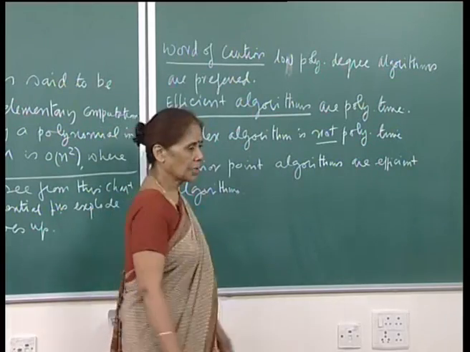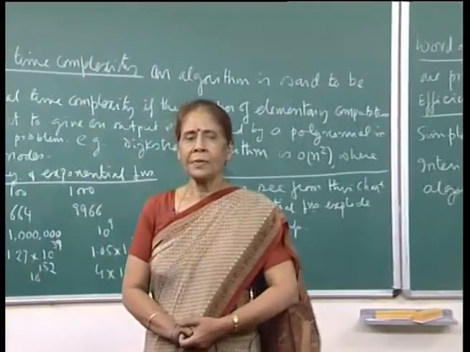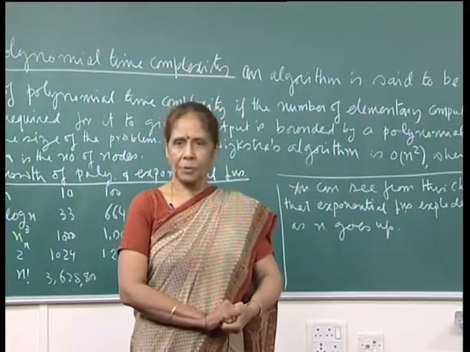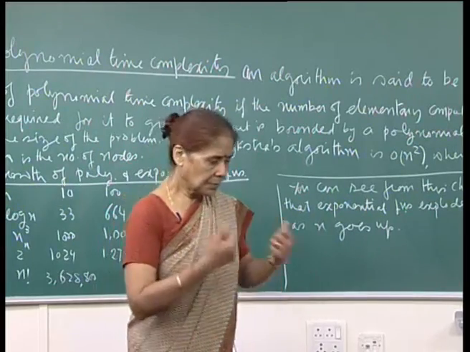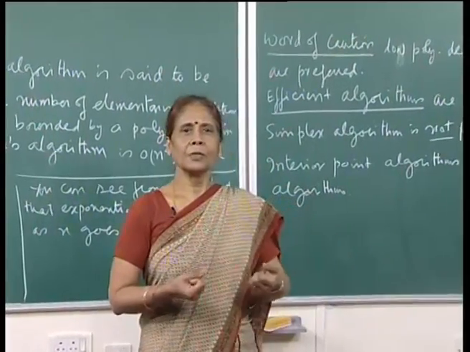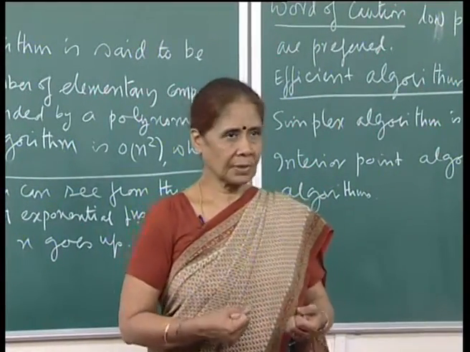but what has been experienced so far is that once you discover a polynomial time algorithm for a problem, then improvements become possible, and you can bring down the degree of the polynomial. See, this is what is remarkable.